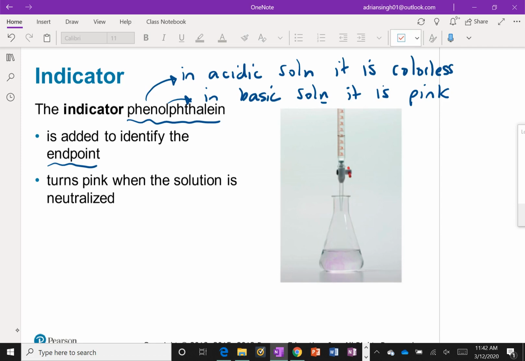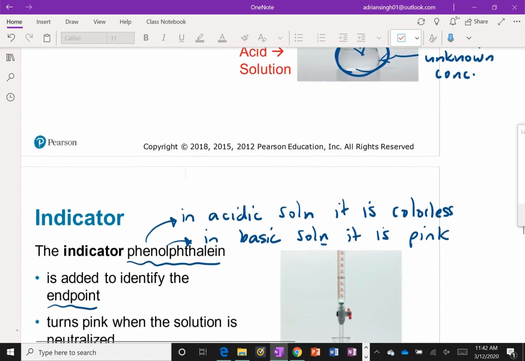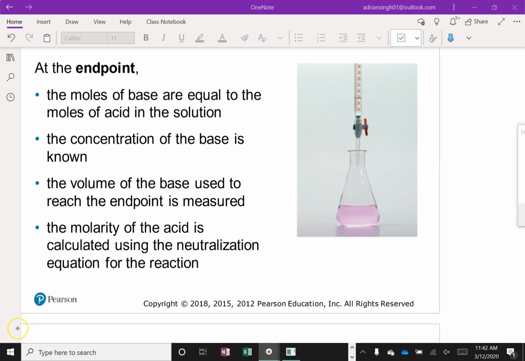So if we start off with some phenolphthalein in our acid solution down here, it's going to be colorless. And then as we slowly add enough of the base to the acid, we can monitor the color of the solution that's being formed. Once you see that pink first start to form, we can stop the addition, and we know that all of the acid has been neutralized. So at the end point, our solution is going to be a slight pink color, and what that means is that the total moles of the base are equal to the moles of the acid in that solution.